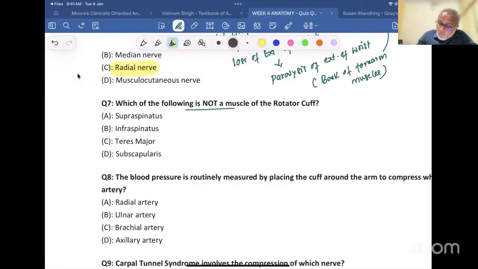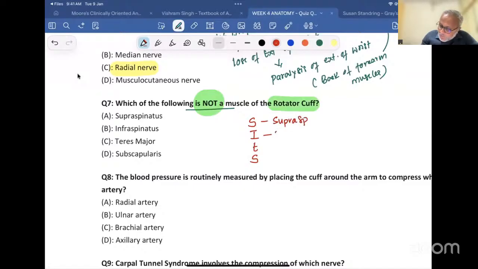Okay. Now you need to highlight this. Not a muscle of the rotator cuff. Okay. As we know, rotator cuff is formed by 6 muscles, which is commonly written like this. Okay. So we have the supraspinatus, we have the infraspinatus.